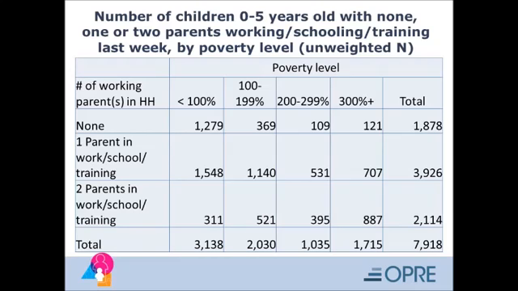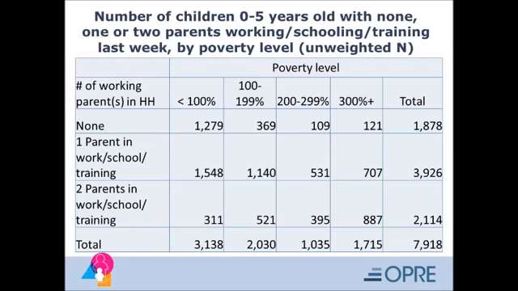And that's in that less than 100% column. You can see that we have about twice as many children in single-parent households as in two-parent households. About twice as many children, almost 4,000, who are living in a household with exactly one parent who works, compared to about 2,000 children who are living in a household with two parents who work.